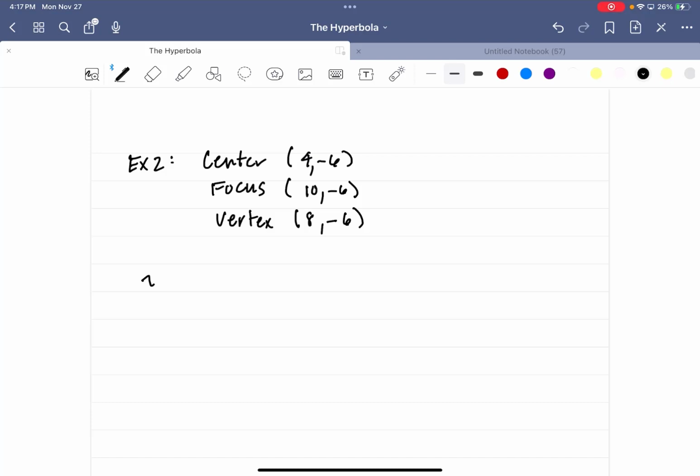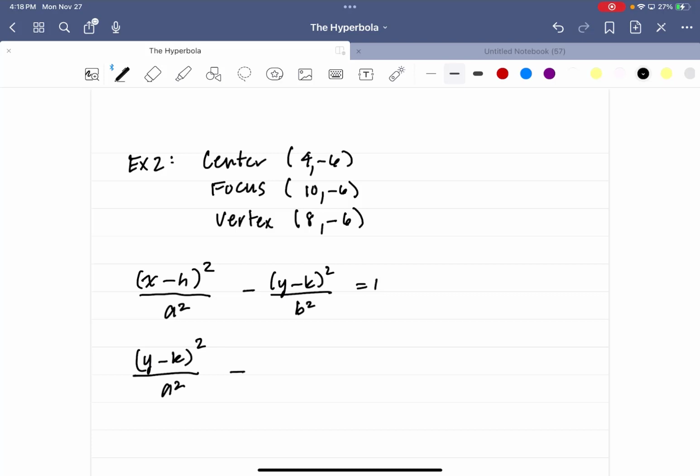The format of that equation is going to be (x minus h) squared over a squared minus (y minus k) squared over b squared equals 1, or (y minus k) squared over a squared minus (x minus h) squared over b squared equals 1, and in both cases the center is at (h, k).